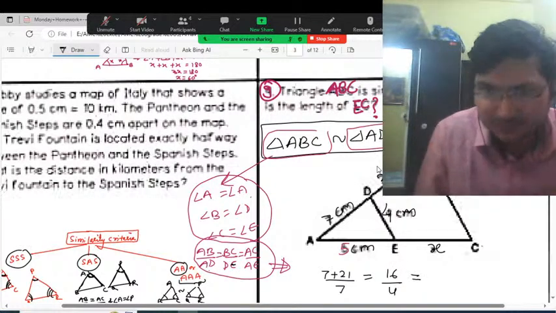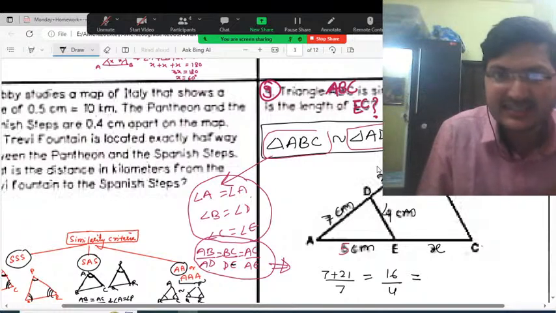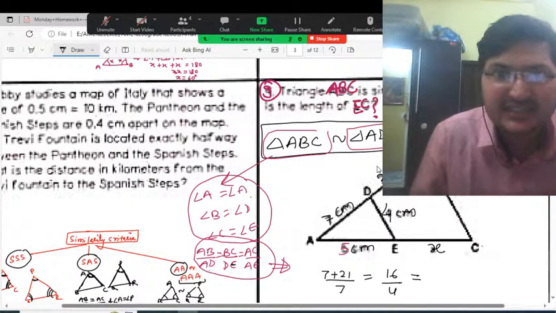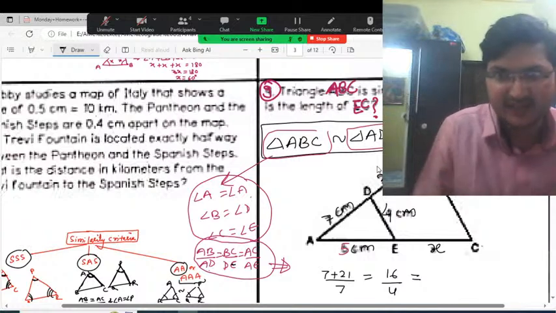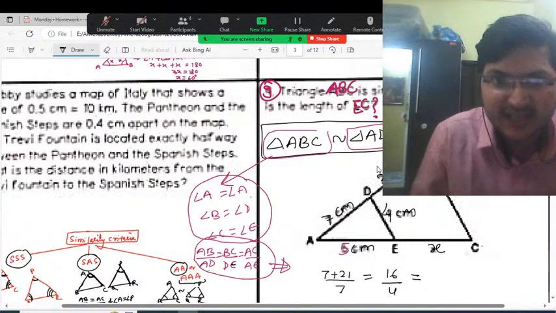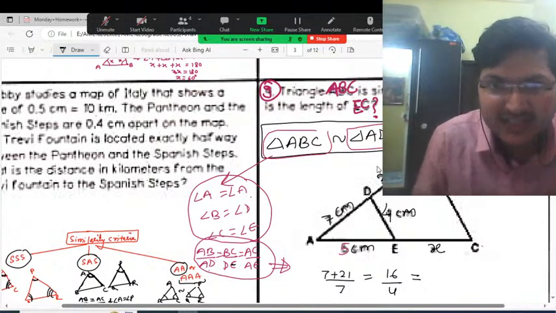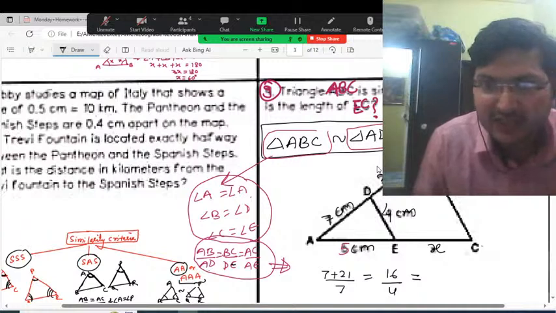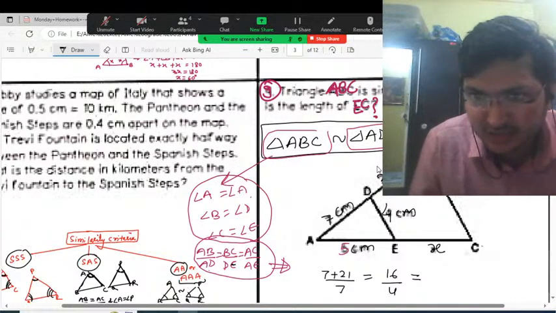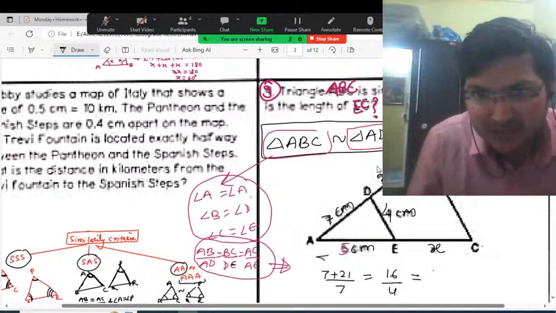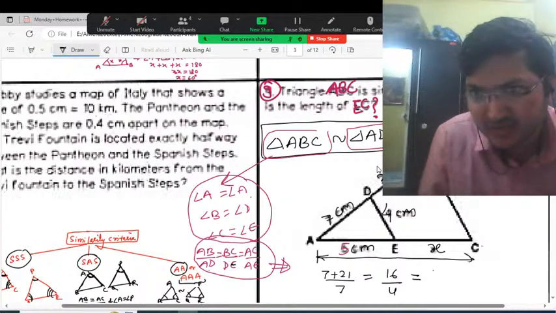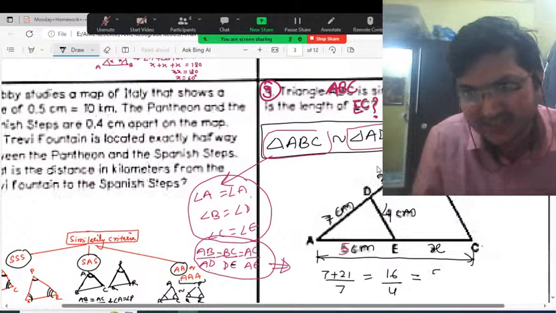And also the third one is AC over AE. And AC over AE is also here. Okay, AC means, can you tell me the value of AC that we used? AC means 5 plus X and AE means 5.